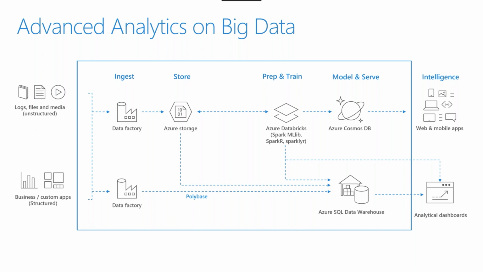whether they're Python users, whether they're Scala users, whether they're R users. So there's Spark ML libraries, SparkR libraries, sparklyr libraries. Once again, you can see how the results of that can feed either a data warehouse or even serve a NoSQL database like Cosmos DB when it comes to globally distributed applications.